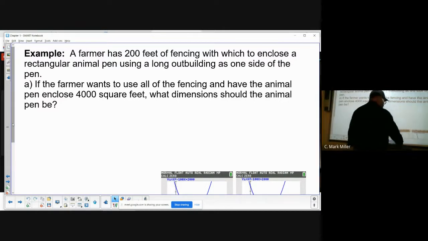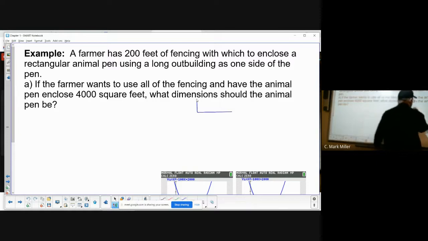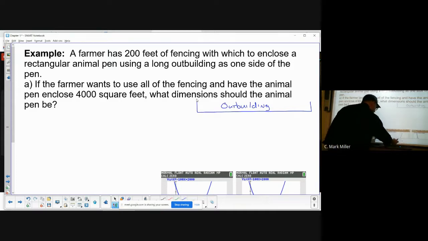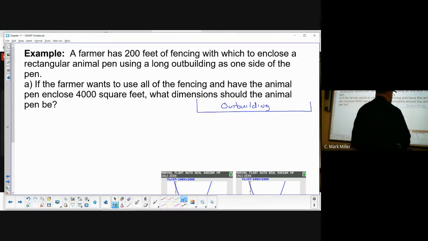So there's some long outbuilding, right? This is the outbuilding. And the farmer is going to do a pen that is, say, like this.